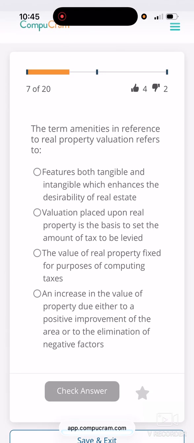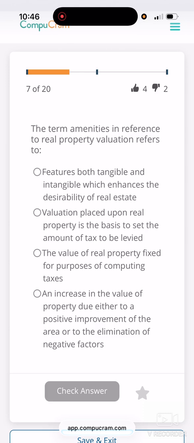All right, question number 7. The term amenities in reference to real property valuation refers to features both tangible and intangible, which enhances the desirability of real estate. Valuation placed upon property is the basis to set the amount of taxes to be levied. The value of real property fixed for purposes of computing taxes.